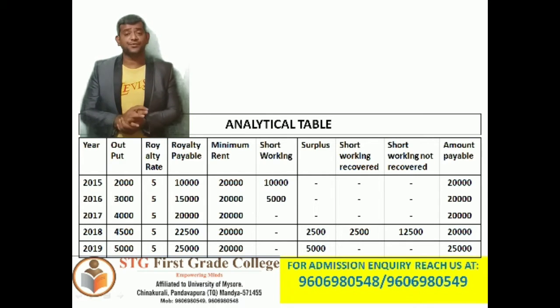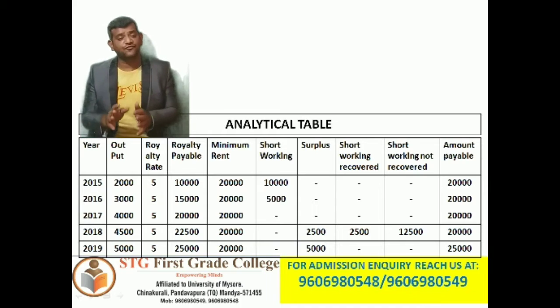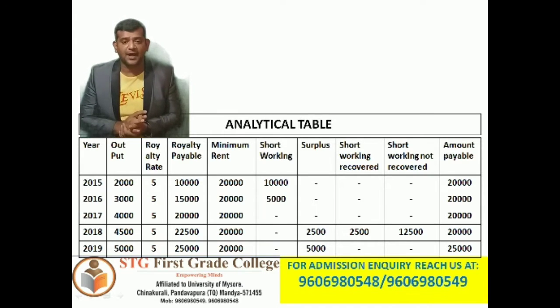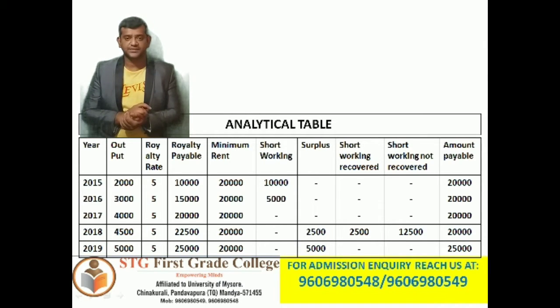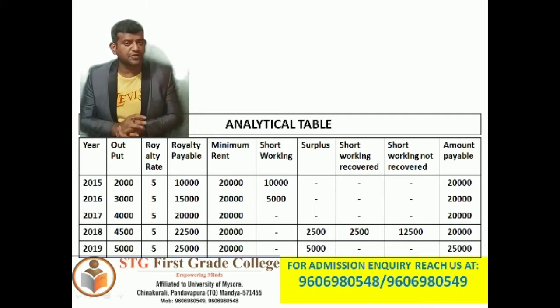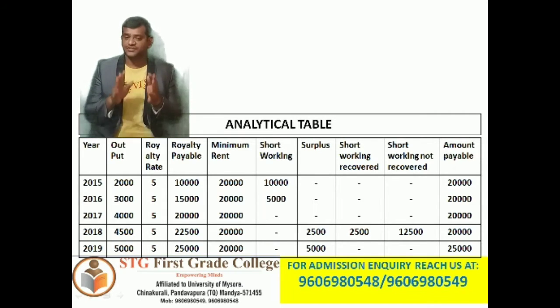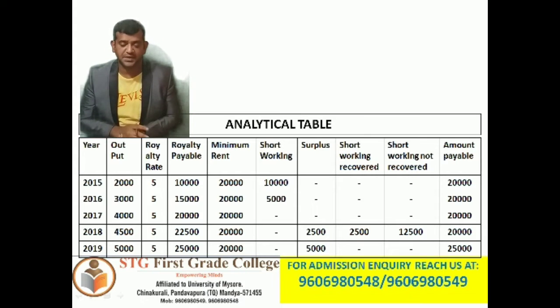Royalty rate was rupees 5. So 2000 into 5 comes to 10,000 rupees. Minimum rent was 20,000 rupees. So royalty payable was 10,000 and minimum rent was 20,000.